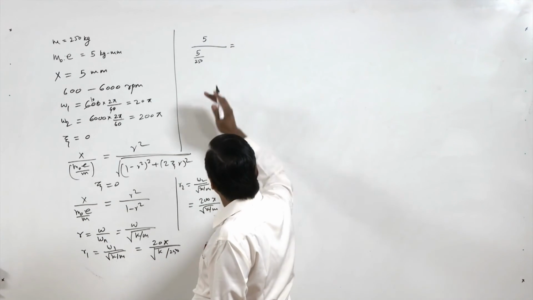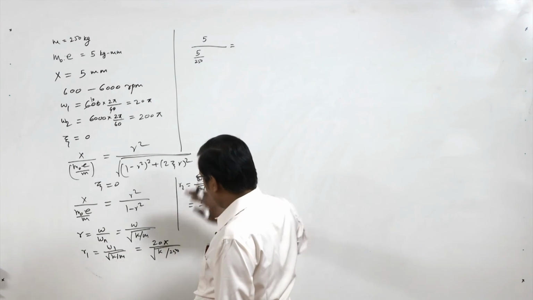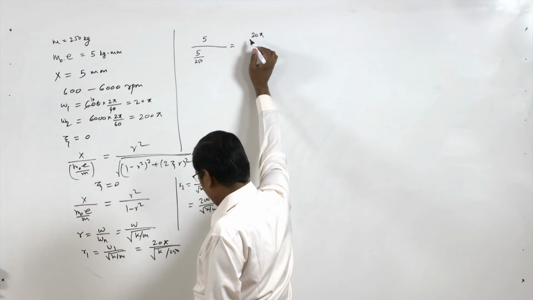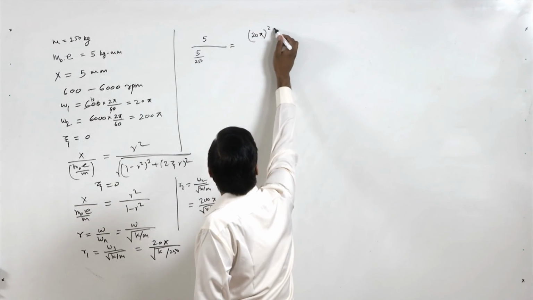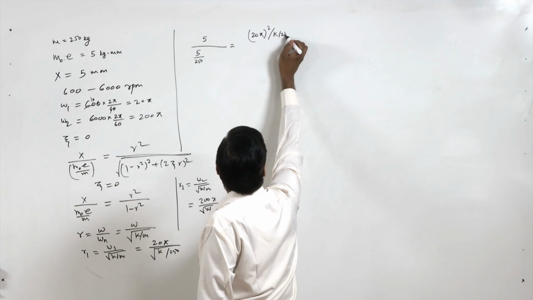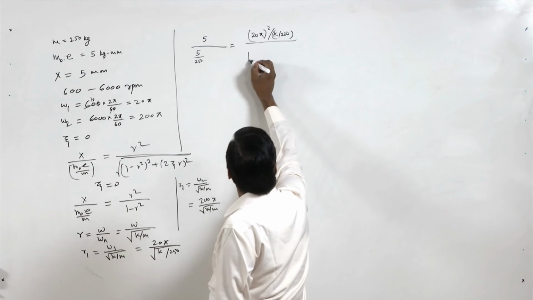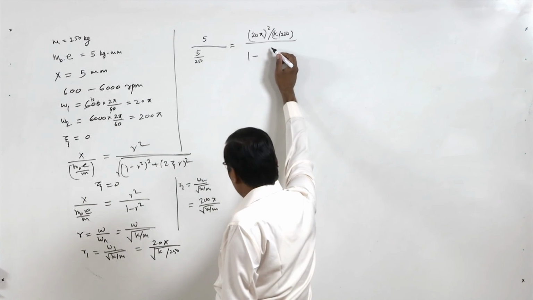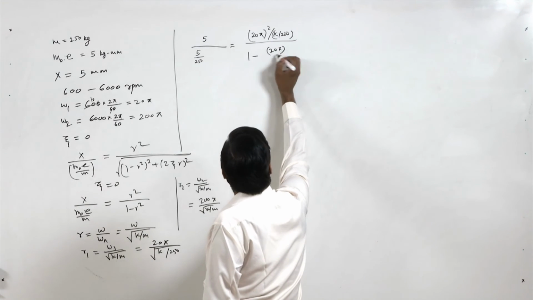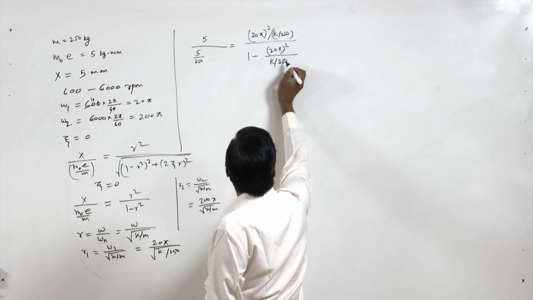So let's say first we are solving for r1. So r1 square, so that is 20 pi square by k by 250 upon 1 minus 20 pi square upon k by 250.